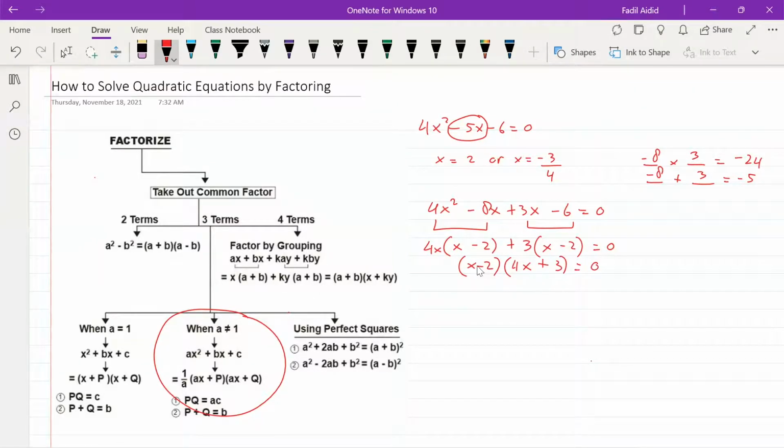As usual, once we have the product of two things equal to 0, we use the null factor law. We make each bracket equal to 0. x minus 2 equals 0, 4x plus 3 equals 0, and then solve for x. So x equals 2, or 4x equals -3, x equals -3/4.